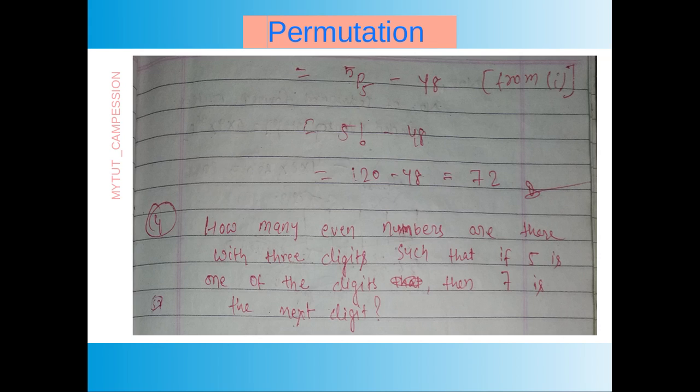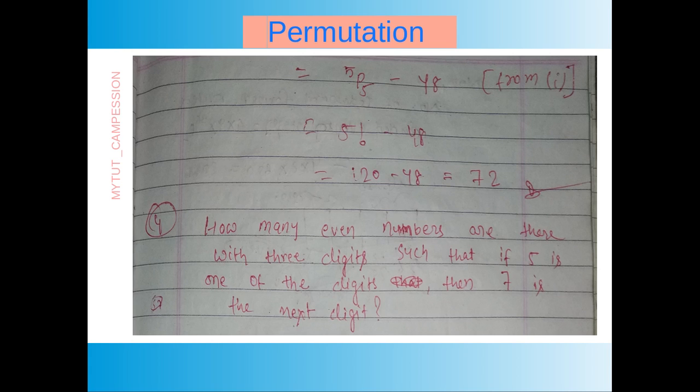Yes, how many even numbers are there with 3 digits such that if 5 is one of the digits then 7 is the next digit.